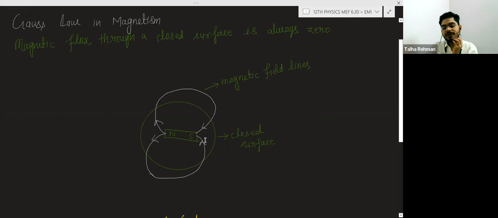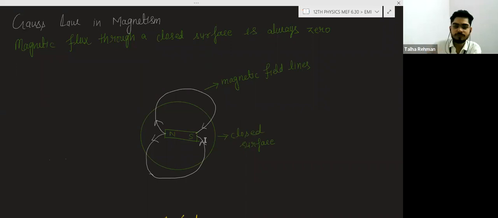If you consider entering flux negative and leaving flux positive, then you can say net flux will be zero.